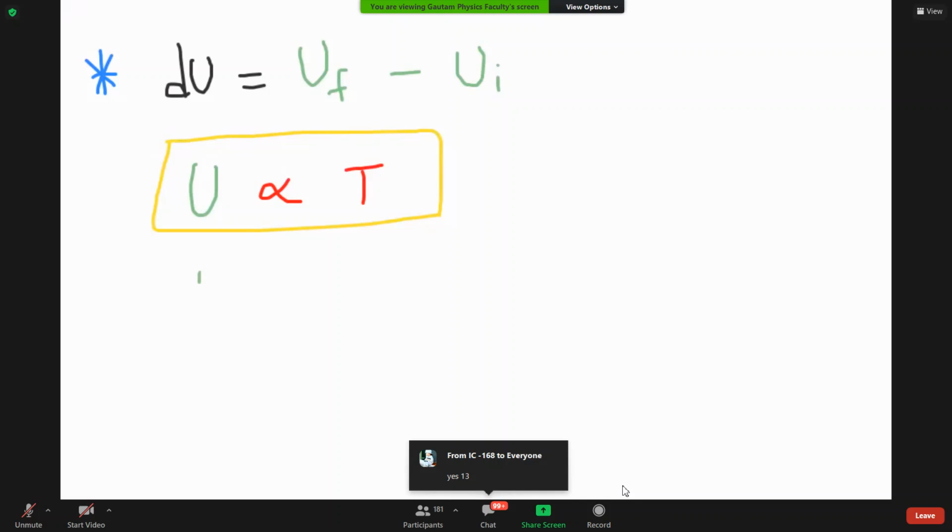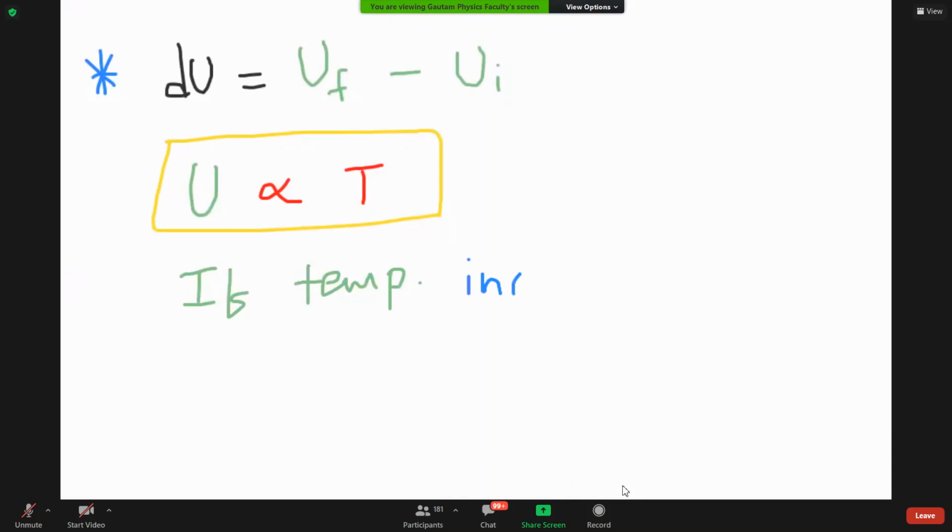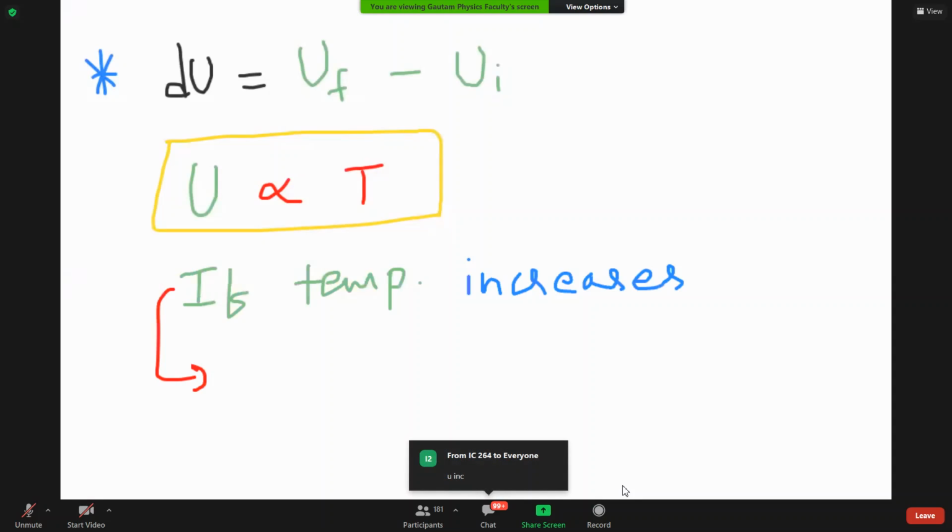If temperature increases, then change in internal energy is positive.